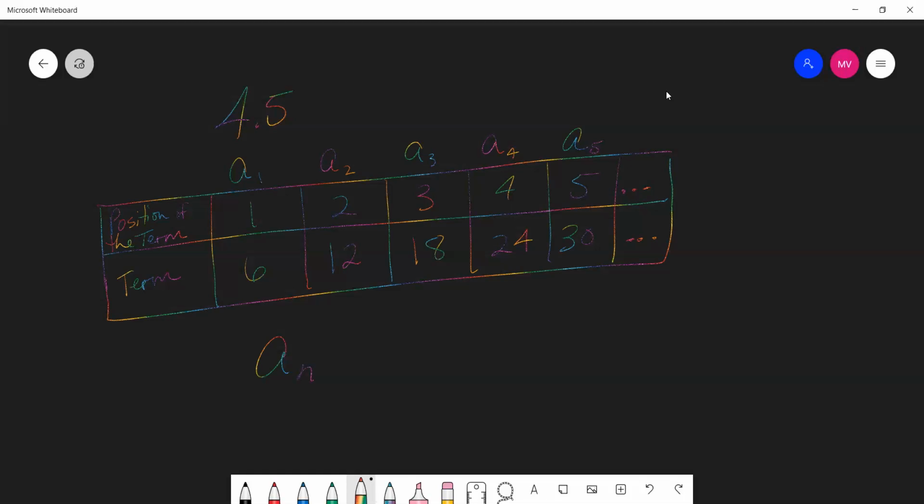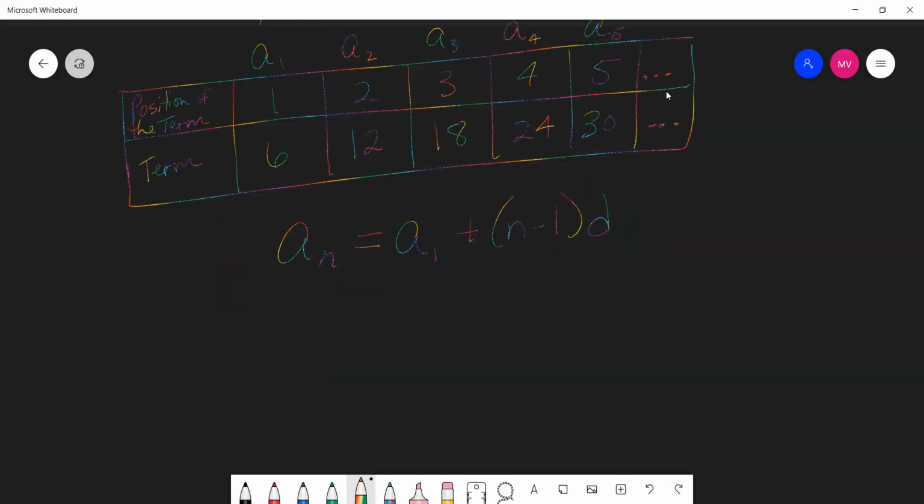That's where we bring in the explicit formula, which means that AN, the term at position N, equals the term at position 1 plus N minus 1 times the difference. Remember, D equals the common difference.